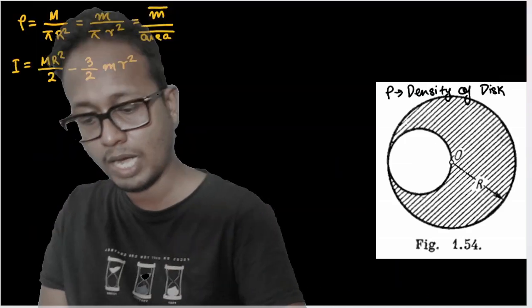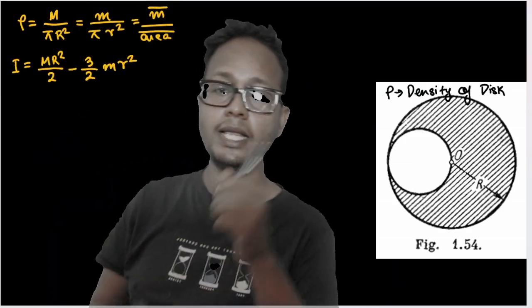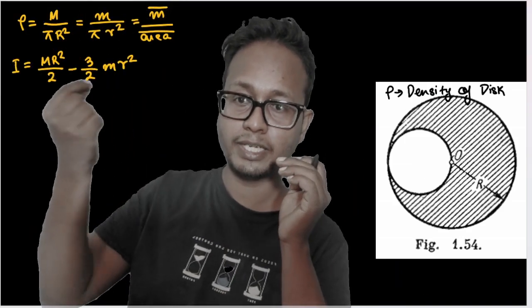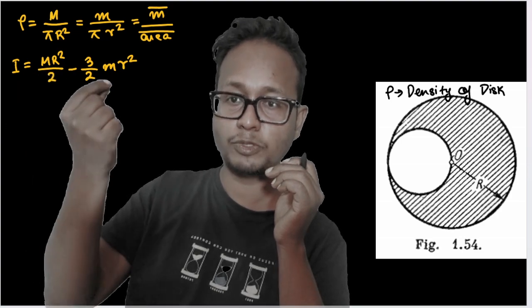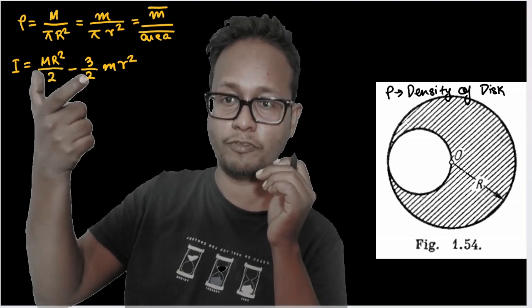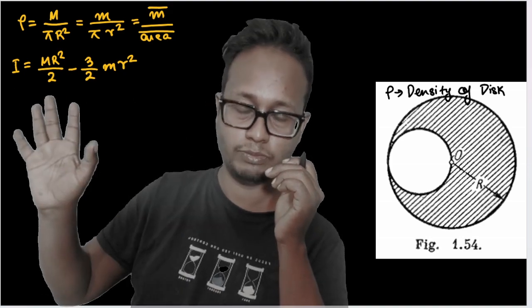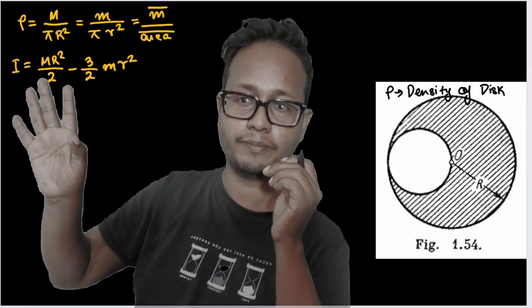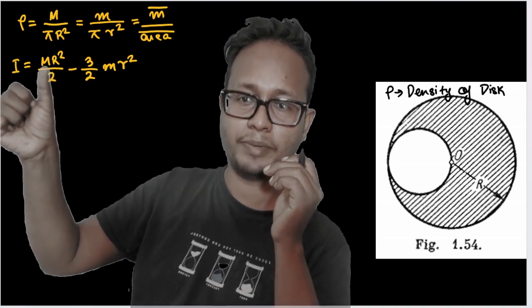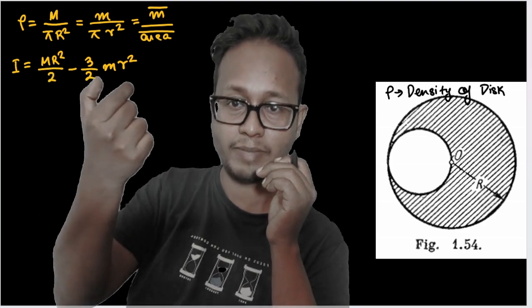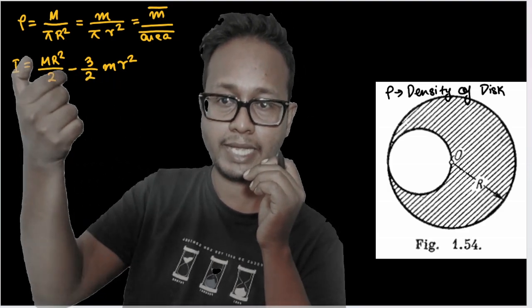Okay, so out here I must either convert this small m in terms of capital M or capital M in terms of small m. I must have only one pair of variables, either capital M and capital R or small m and small r. You decide which one is which. Both methods will obtain the same answer. But I'm going with capital M and capital R. That means I must transform this small m and small r in terms of capital M and capital R.